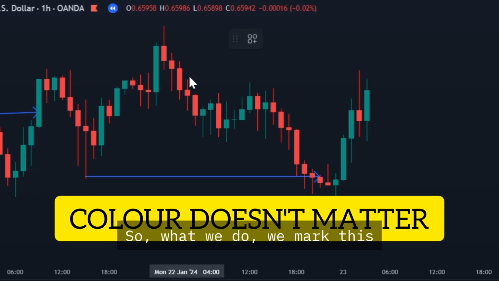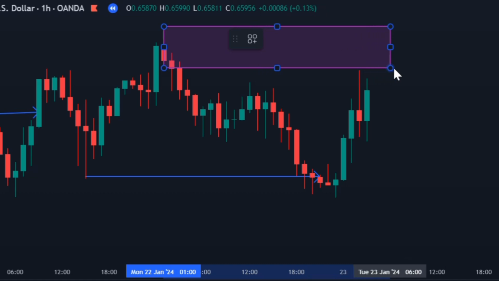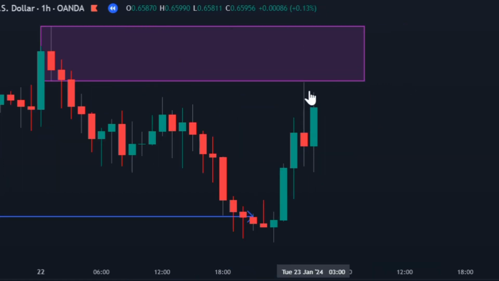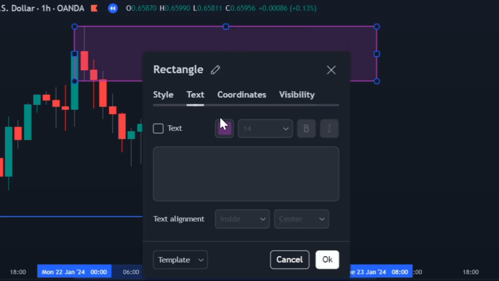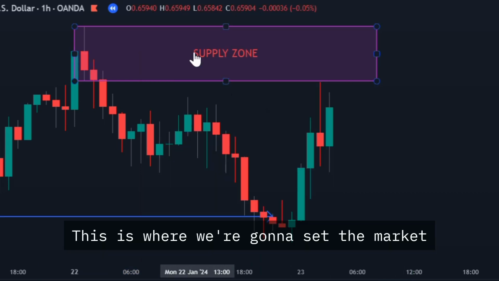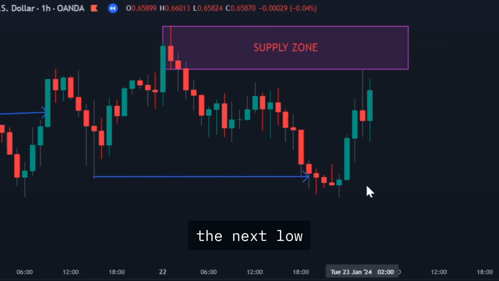So what we do, we mark this bearish candle, and we name it supply zone. This is where we're gonna sell the market up to grab the next low.